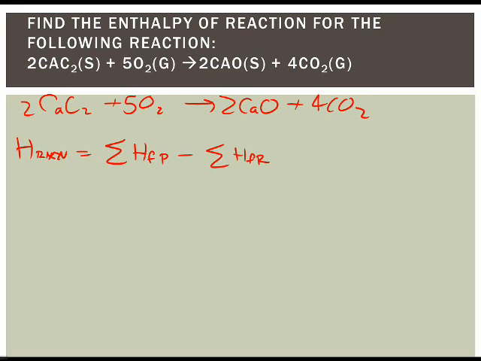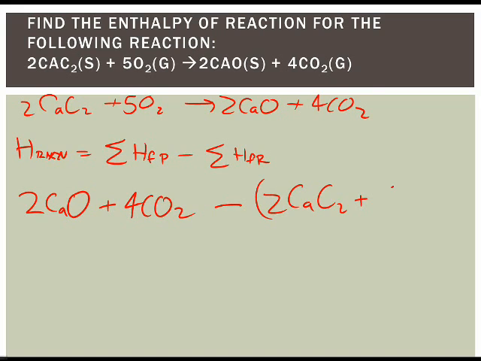So let's write the heats of formation for the products. That is 2CaO plus 4CO2, subtract 2CaC2 plus 5O2. Okay, so we have the sum of the products minus the sum of the reactants. What is the heat of formation for calcium oxide? Heat of formation for calcium oxide is minus 635.1. Now we're going to have to multiply that by 2.